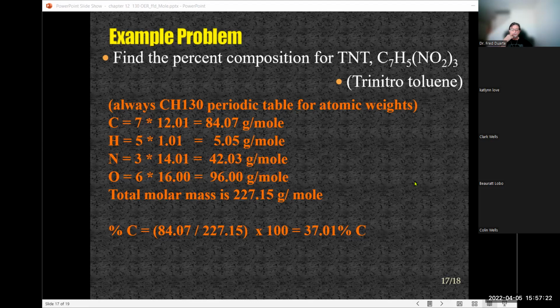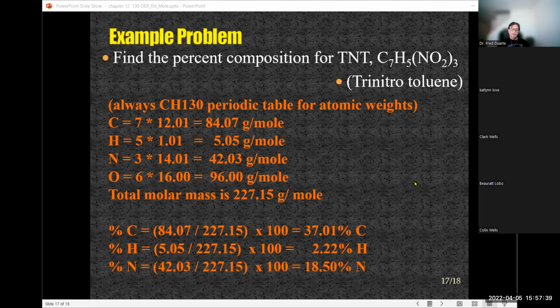So 84.07 divided by 227.15 times 100 gives you 37.01% carbon. Hydrogen ends up to be 2.22% hydrogen. Nitrogen is at 18.5% nitrogen. And then finally, oxygen brings in a total of 42.26%.